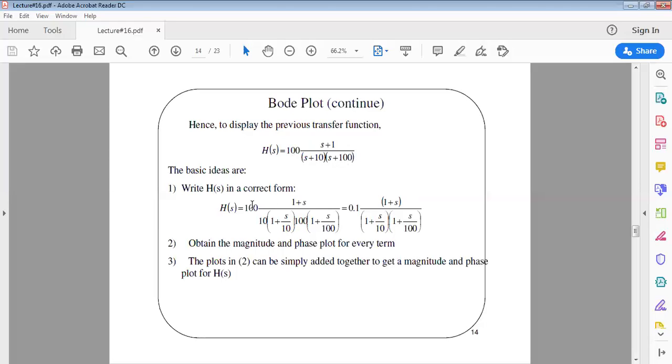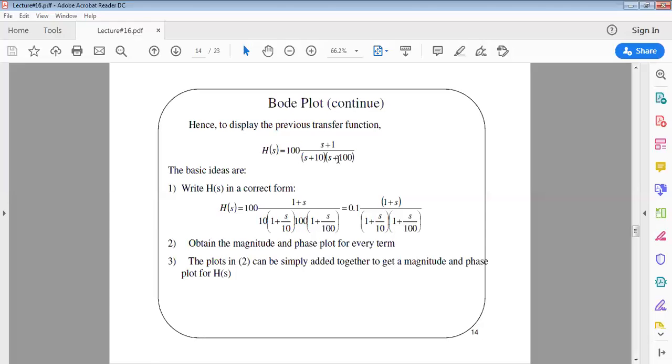When you are facing this problem, the first step is always to write H(s) in the correct form. The correct form should look like this, where we have the constant 100 over there, and we have 1 plus s. For all the terms, for example s plus 10, we have to take the 10 outside and write it as 1 plus s over 10.